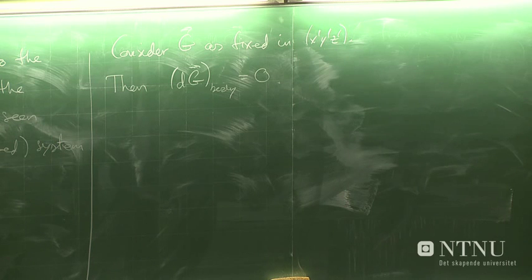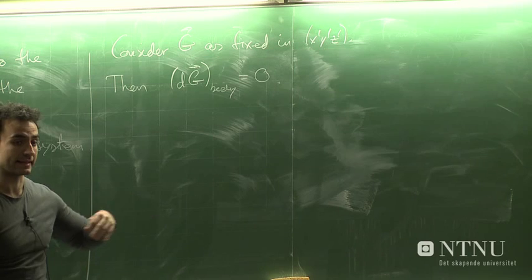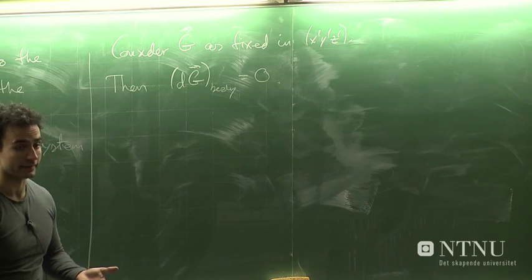So we can express this mathematically by saying that the infinitesimal change of g as seen in the body coordinate system is 0.